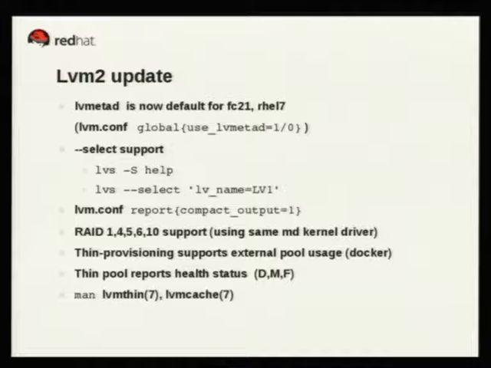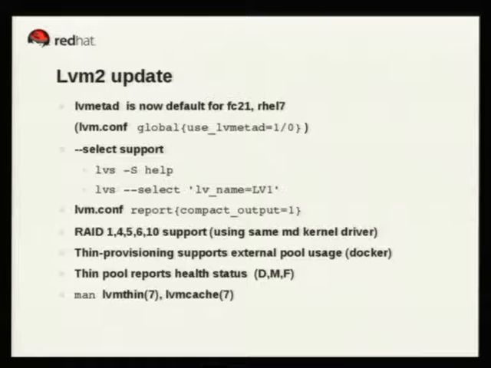It's more advanced than what udev does, so this is what you are now using, probably, if you are using these distributions. On the other hand, if you are using an older one and you have the new release, you will have to manually enable it if you want to use it. So look at your lvm.conf file and check the settings, and you can enjoy the cache if you want to.